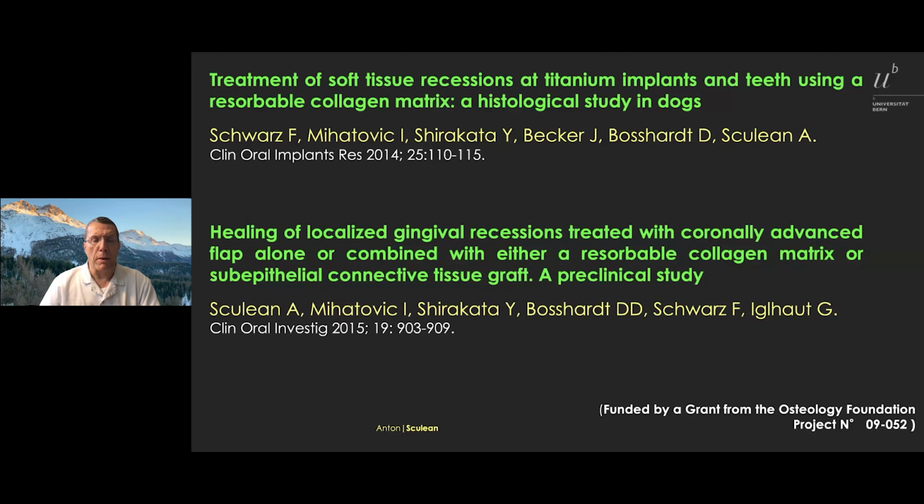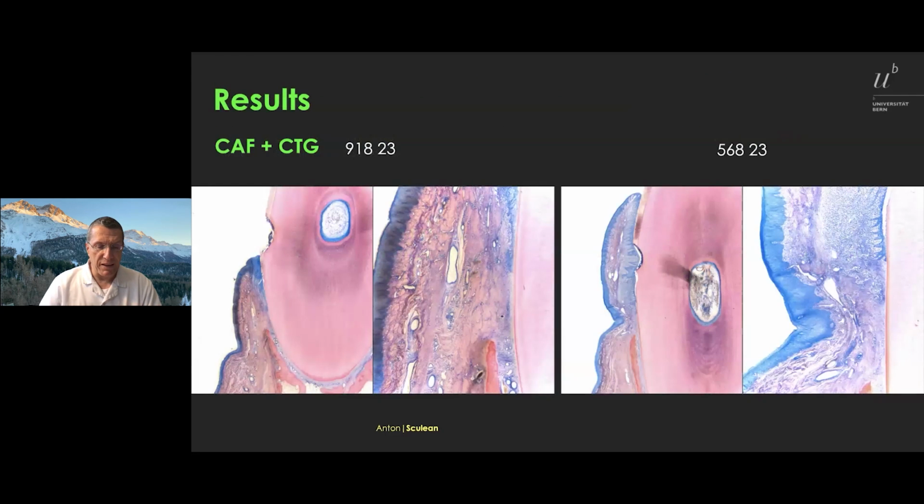And in these scenarios, we performed recession coverage at teeth and at implants using a connective tissue graft, using a coronal advanced flap, or using a coronal advanced flap in combination with a 3D matrix, namely with a mucograft. What you can see in this histologic image is, to the left, always the overview image of a tooth that was treated with a connective tissue graft and a coronal advanced flap.